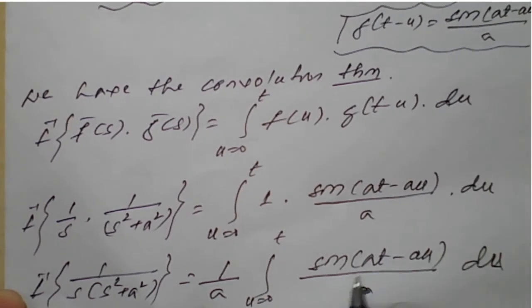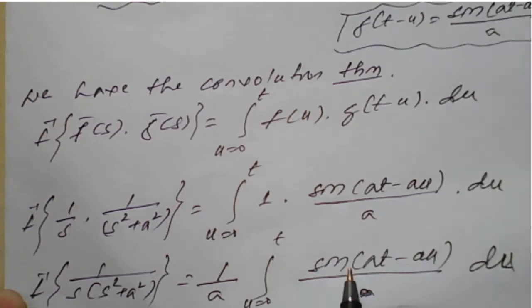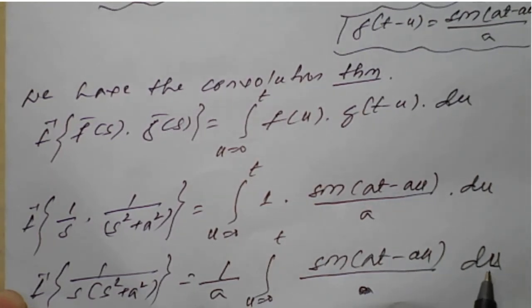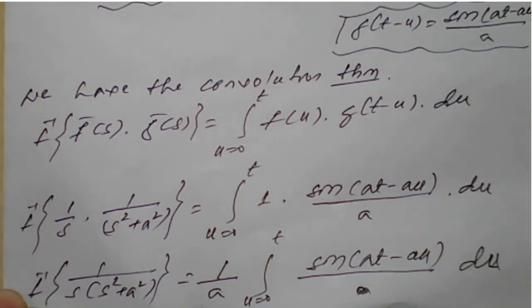So now we need to do the integration. We need to integrate sine of at minus au with respect to u, then apply the upper and lower limits. Integration of sine is nothing but cos.